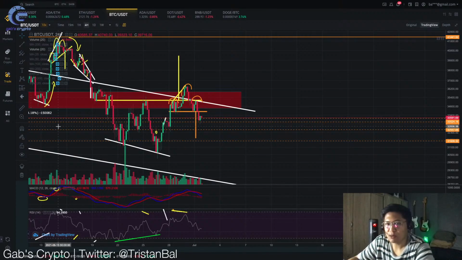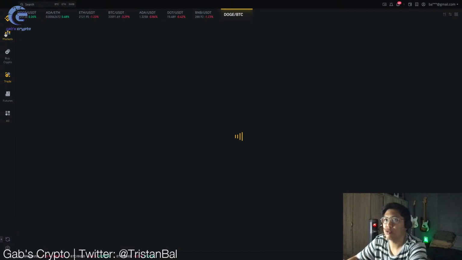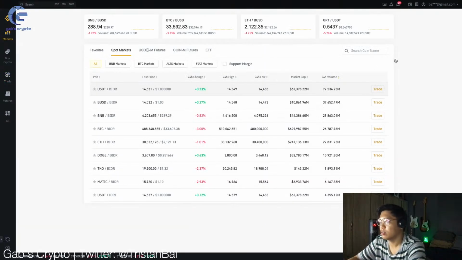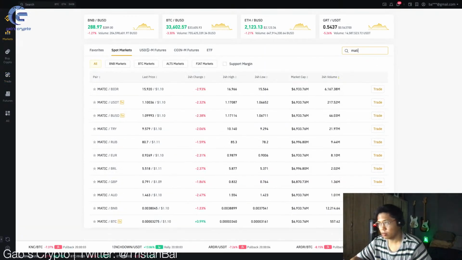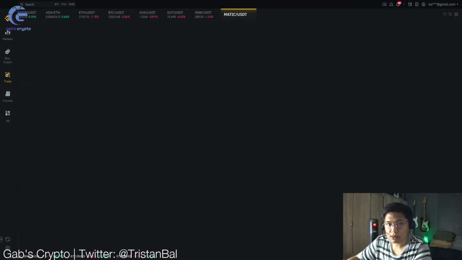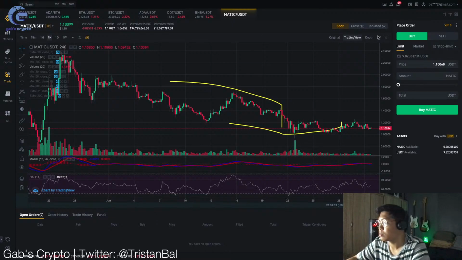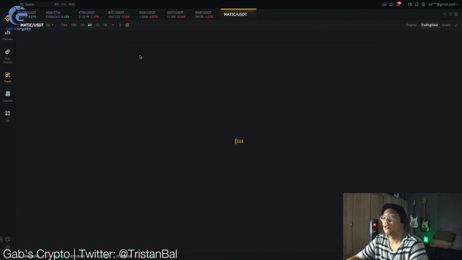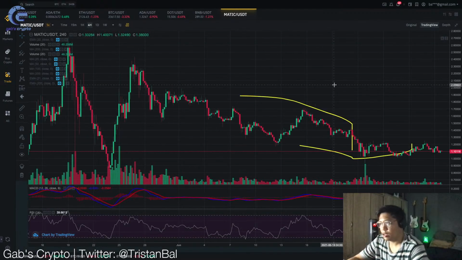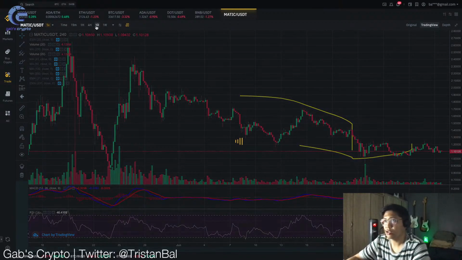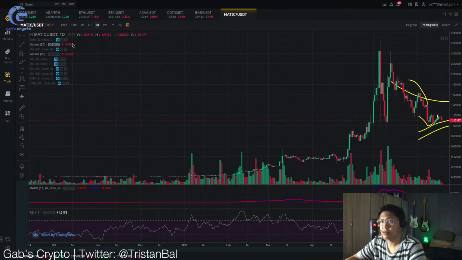Sir, how about Polygon? Mataas yung volume niya, then sideways lang siya as of now. Sige, let's take a quick look on Polygon. So, for Polygon, let's try to look at the daily time frame.